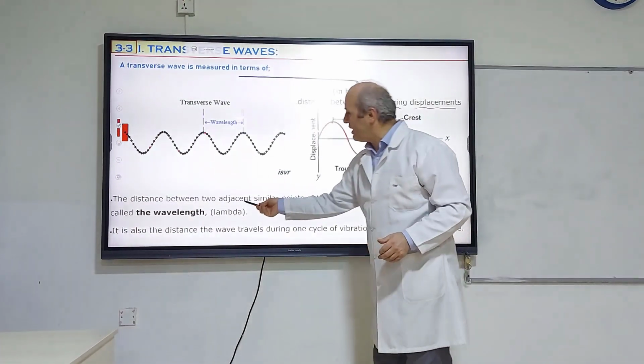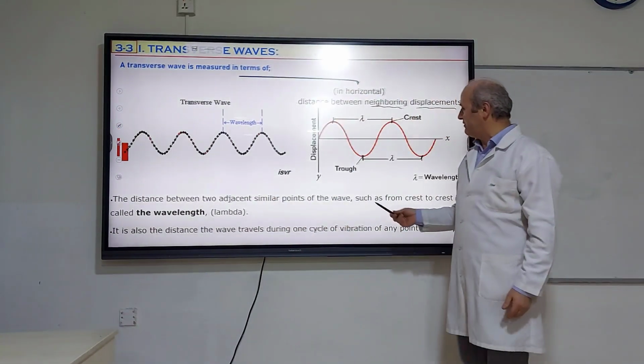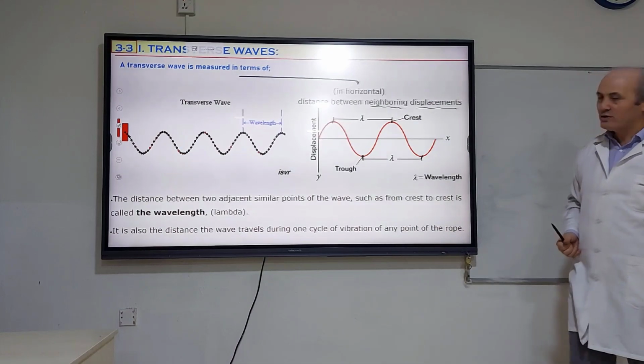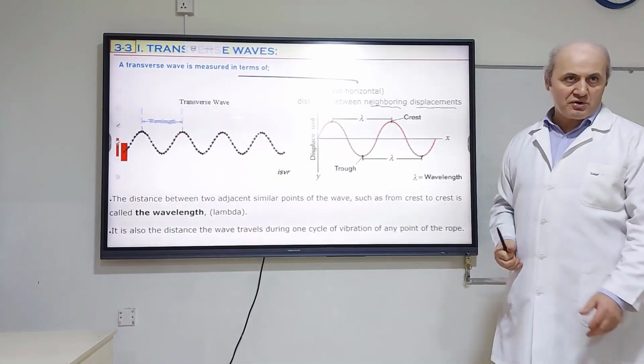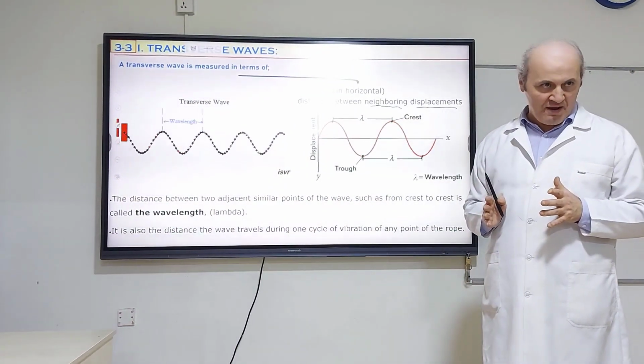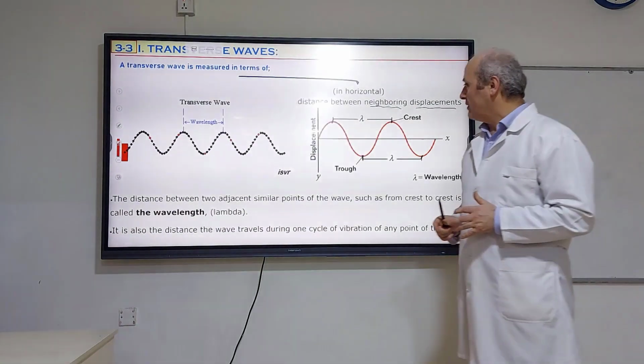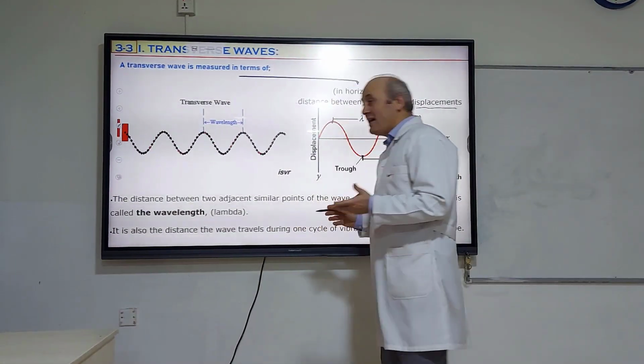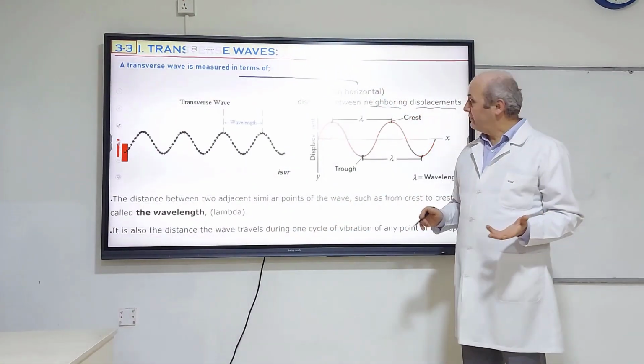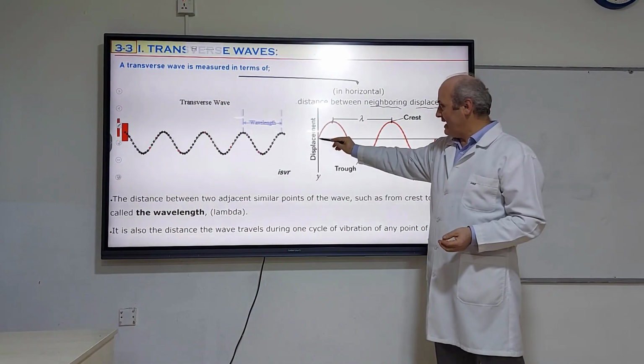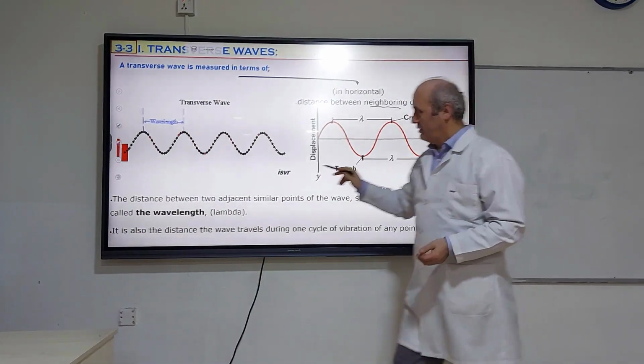The distance between two adjacent similar points of the wave, such as from crest to crest or trough to trough, is called a wavelength, lambda. But this is not only the wavelength, it is also the length of a complete wave. What is a complete wave?